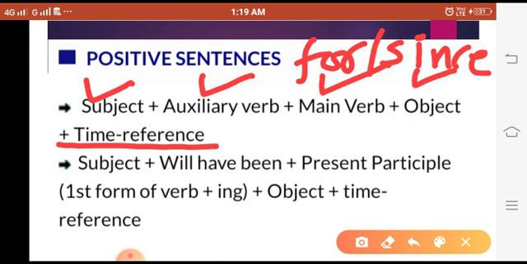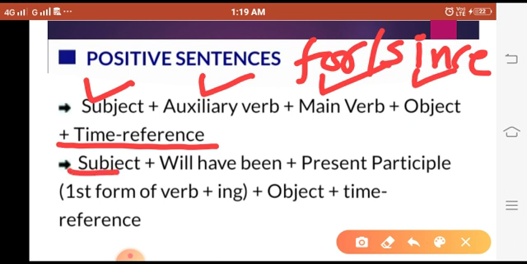Or it can be any year like 2005, I have been teaching since 2006. So if a particular time is given, we use since for time reference. If a time period is given, we use for for time reference.